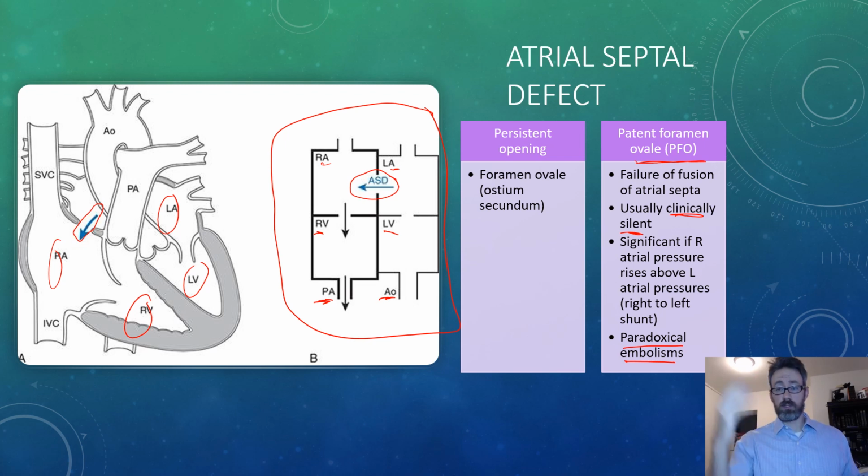That could allow little emboli to actually move from one side of the heart to the other, and that's referred to as paradoxical because they should really be going into the lungs, and instead they're going into the arterial circulation. Okay, and so an echo could actually pick up on something like that.